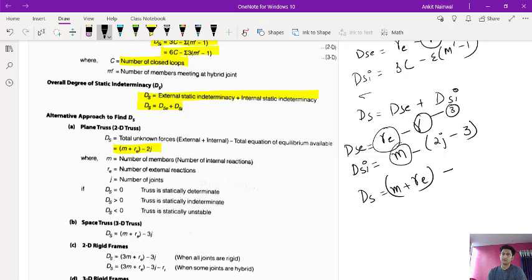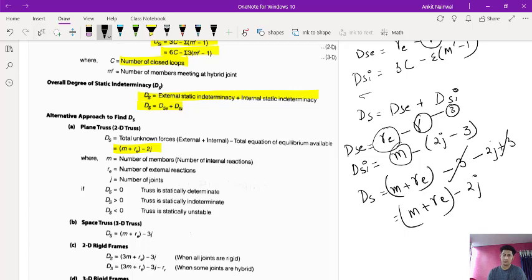In case of a truss, externally it will be 3 and internally it will be minus (2j plus 3). As you open this bracket, it will be minus 2j plus 3. So 3 gets cancelled and the formula becomes m plus re minus 2j.